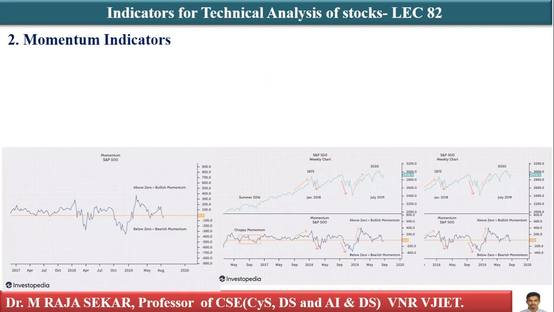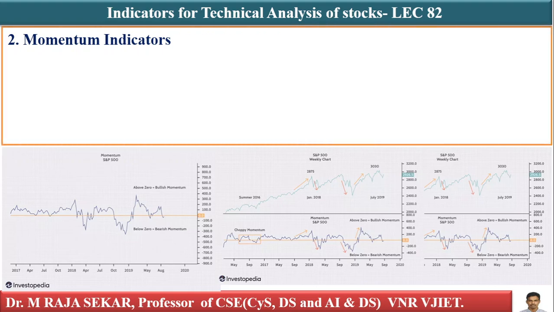Momentum indicators measure the speed or strength of price movement. For example, you might have heard about RSI. RSI means relative strength index. We will discuss RSI in future classes. It identifies overbought or oversold conditions.